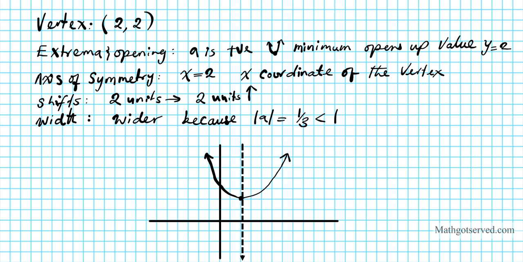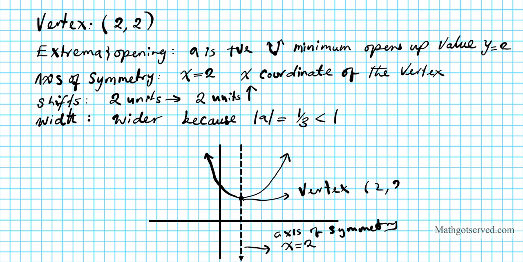The equation of the axis of symmetry is x equals 2. Let's label it axis of symmetry. And this is your vertex right here. The vertex is (2, 2). Okay? So there you have it.